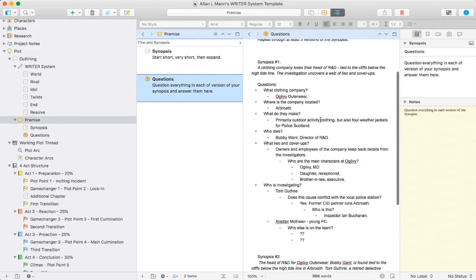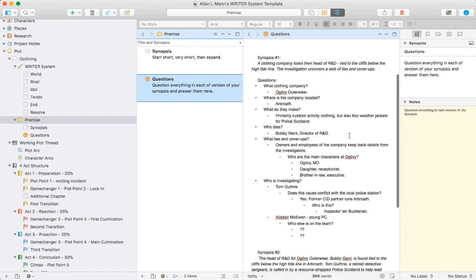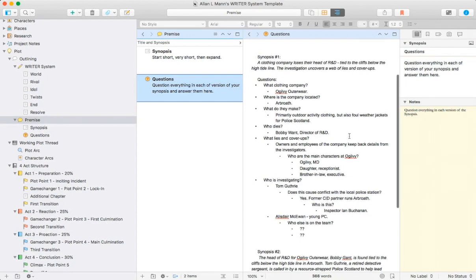So here we go. So what clothing company? Answer the question. Ogilvy Outerwear, in this case, in my story. So where is the company located? Arbroath, that's the town, that's part of your world. What do they make? Primarily outdoor activity clothing. Who dies? What lies and cover-ups?